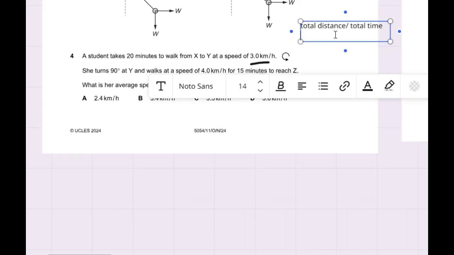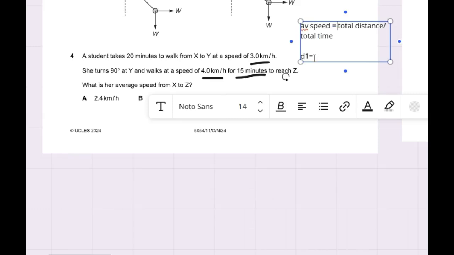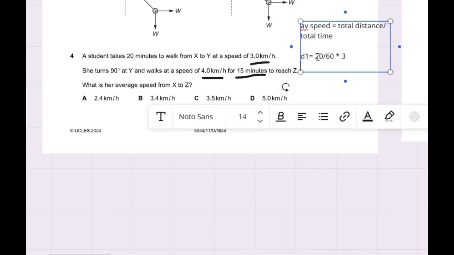First we will be calculating the total distance from both journeys. For journey 1, the time is 20 minutes and the speed is 3 km per hour. Since the time is in minutes and the speed is in kilometers per hour, we first convert minutes to hours. 20 minutes is 20 divided by 60 hour, multiplied by 3 km to get the distance. So the distance will be 1 km.